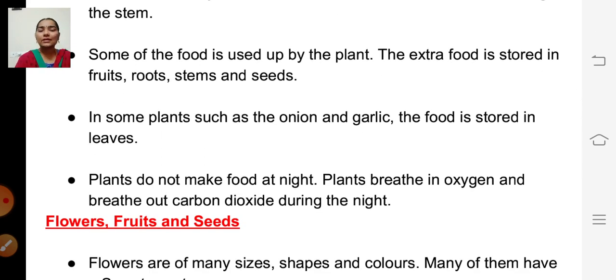In some plants, such as the onion and garlic, the food is stored in leaves. Plants do not make food at night. Plants breathe in oxygen and breathe out carbon dioxide during the night. So while making food, it takes carbon dioxide and gives out oxygen.